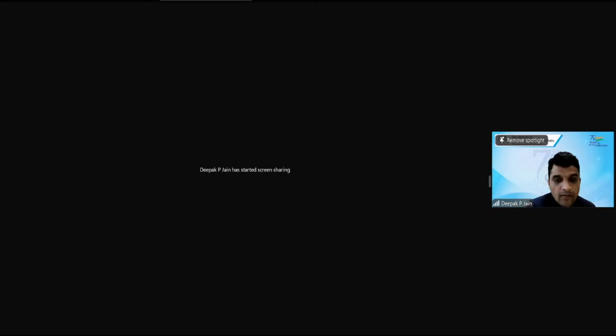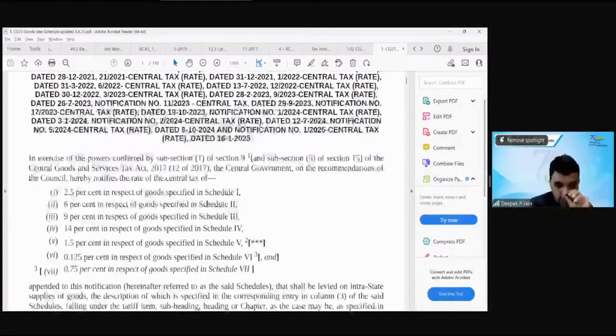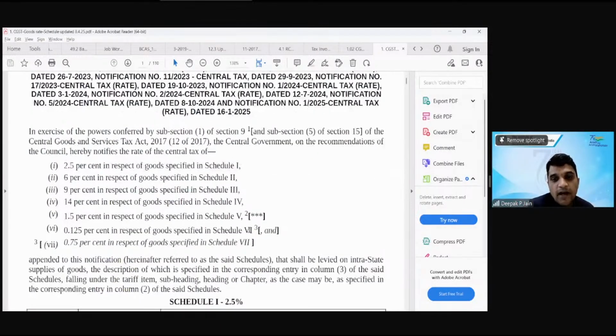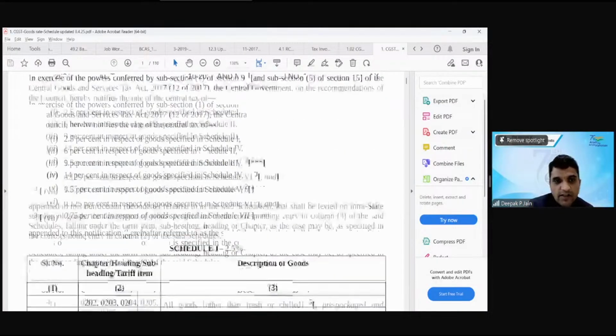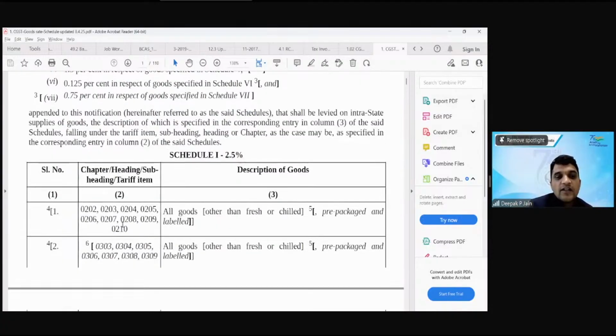This is notification number 1 of 2017 which says, ओके इसको बाद में इतने सारे अमेंडमेंट्स हुए हैं। यहाँ पे हमने 5, 6, 7 शेड्यूल दिए हैं। जो प्रोडक्ट जिस शेड्यूल में फिट होता है उसको उठाइए और रेस्पेक्टिव टैक्स रेट डालिए। So if your good is in Schedule 1 then 2.5%, if it is in Schedule 2 then 6%, like that. इस शेड्यूल के अंदर देखिए यहाँ पे 4 डिजिट का HSN कोड दिया गया है। तो अगर आपके गुड्स इस HSN कोड में है और इस डिस्क्रिप्शन को मैच करते हैं, ठीक है, दोनों होना चाहिए, the HSN and the description, फिर आप क्या करोगे?